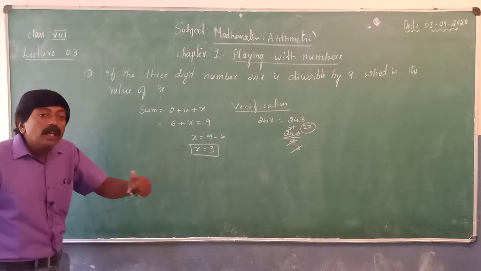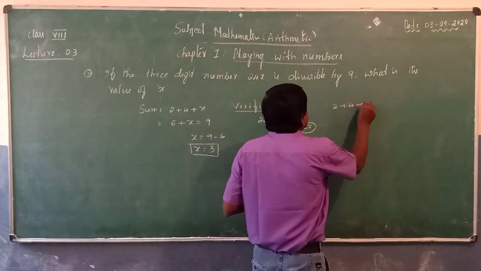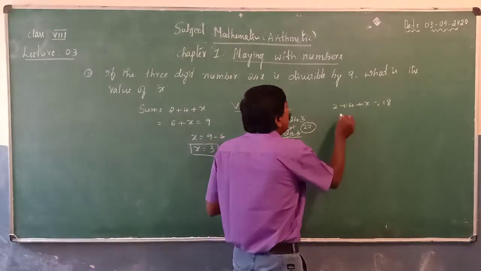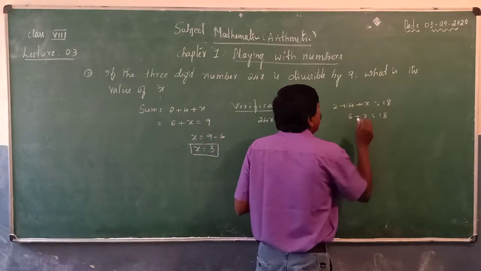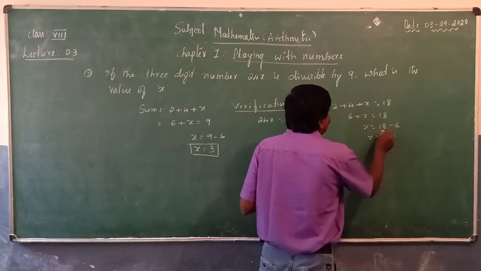If you take 18, so 2 plus 4 plus x is equal to 18. Now 2 plus 4 is 6, 6 plus x is equal to 18, x is equal to 18 minus 6, x is equal to 12.